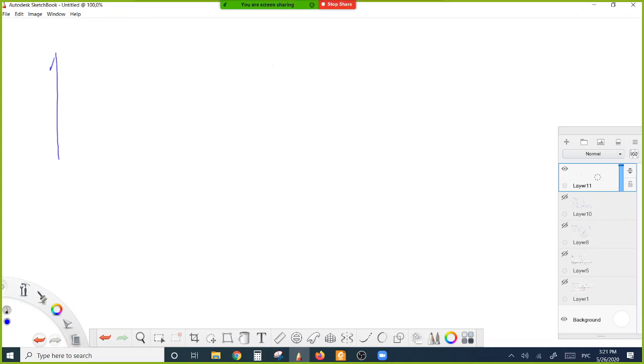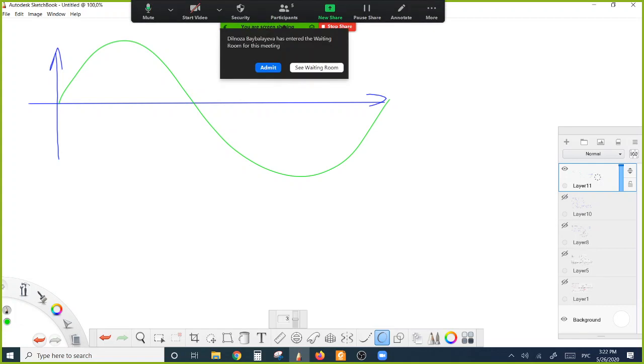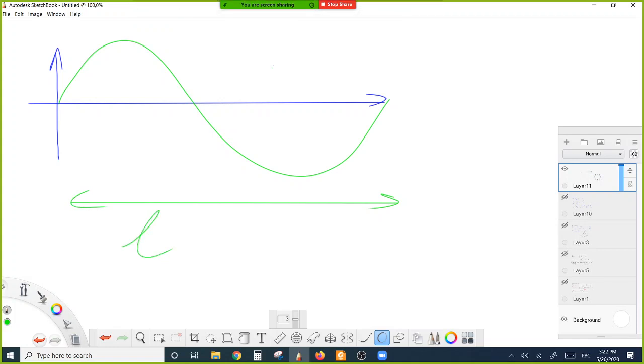So consider a string of guitar of length L. This is Y and this is X.